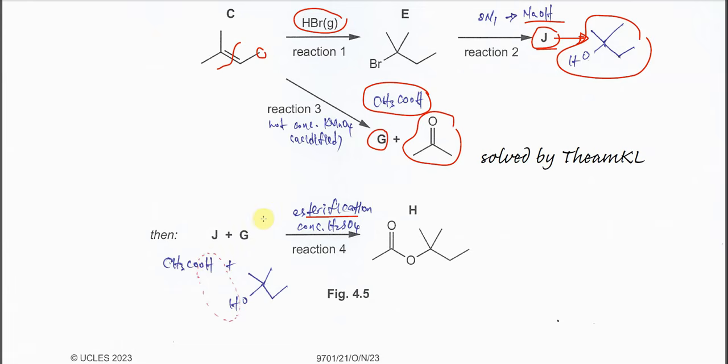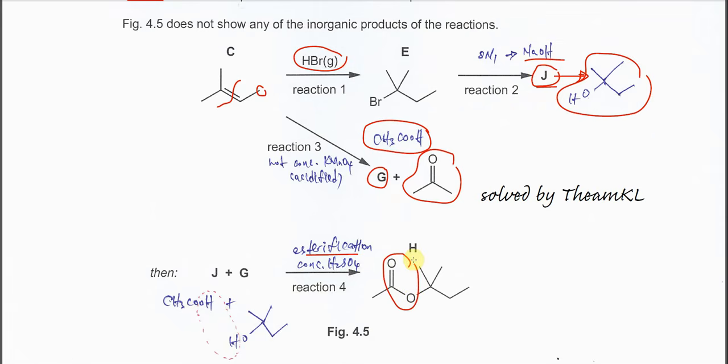So the name is esterification. The type is condensation. The OH from COOH and the H from OH are removed and form the H2O, and of course the new ester bond forms, right? So this one is COO after the reaction. So this one is the whole reaction from C to form the H.